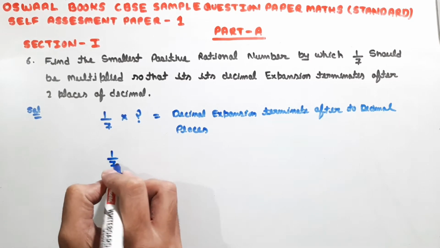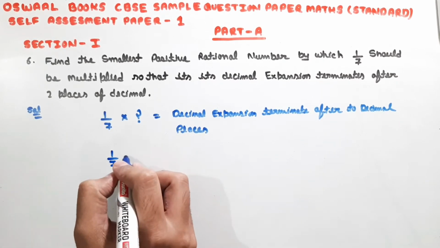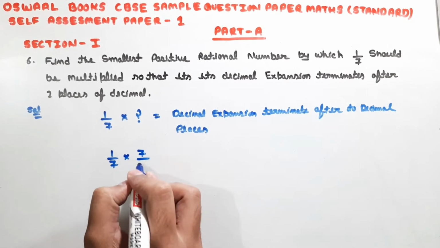We will multiply 1 upon 7 by the rational number 7 upon 100.